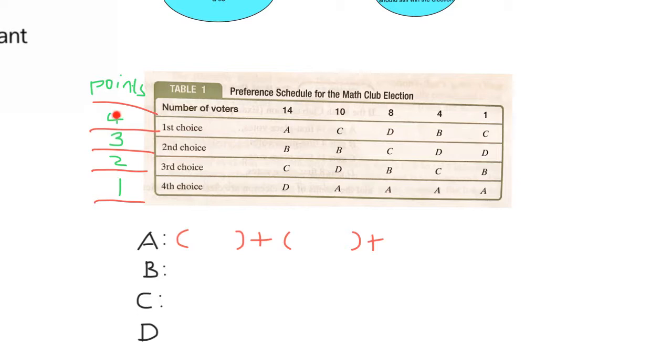Basically, you ask yourself, how many points are there? And we start from the bottom and we go up until we can't go anymore. You always give 1 point to the last place winner, and then you go up until you can't go any further. So, of course, there are 4 points here. So I'm going to draw 4 parentheses. I'm just going to do that, and you're going to see why in a moment.